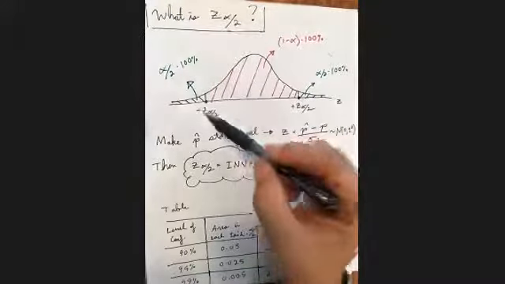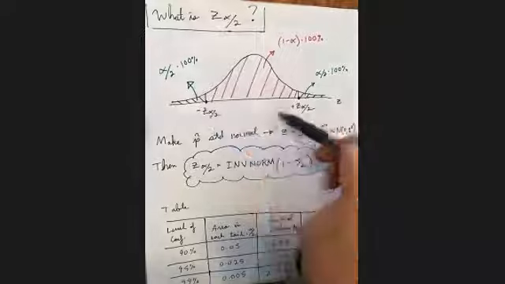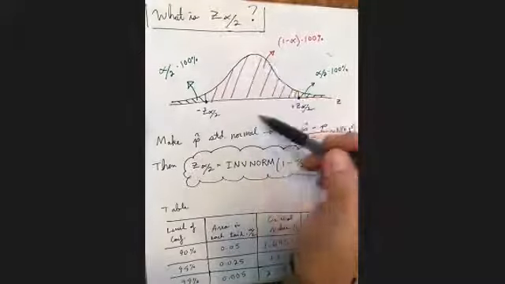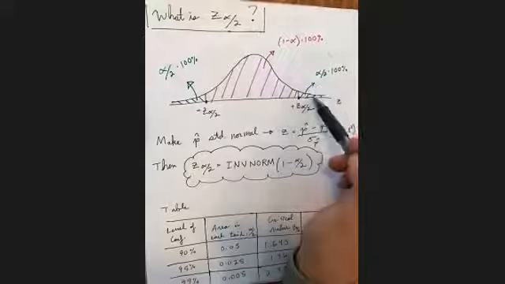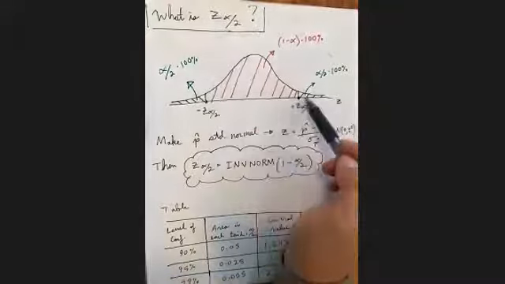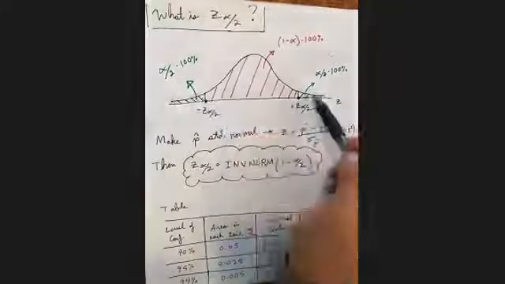So this red area right here is equal to the confidence level. And then the green area on the tails is half of alpha.